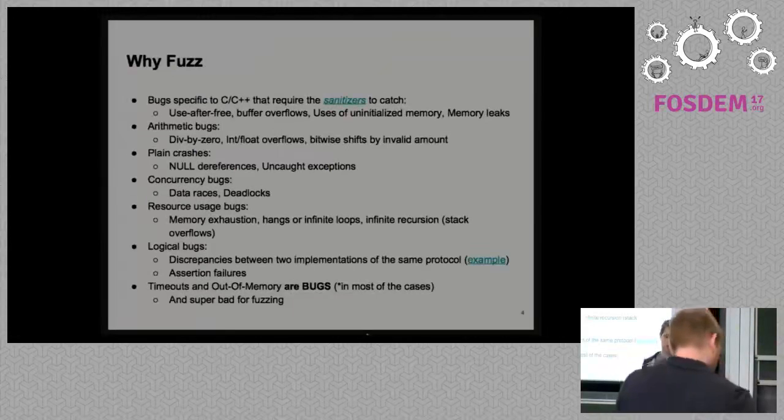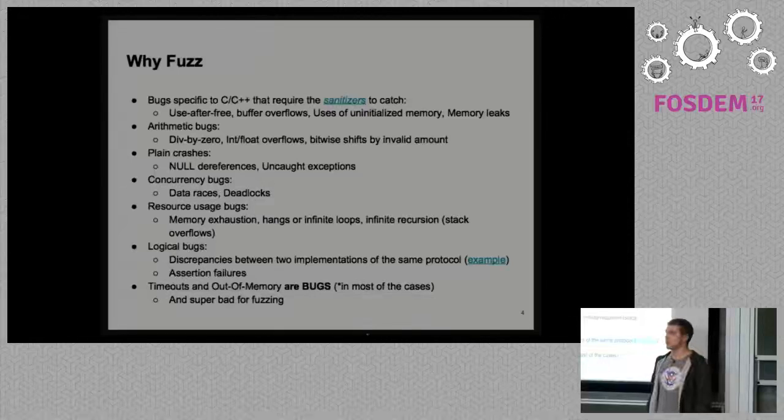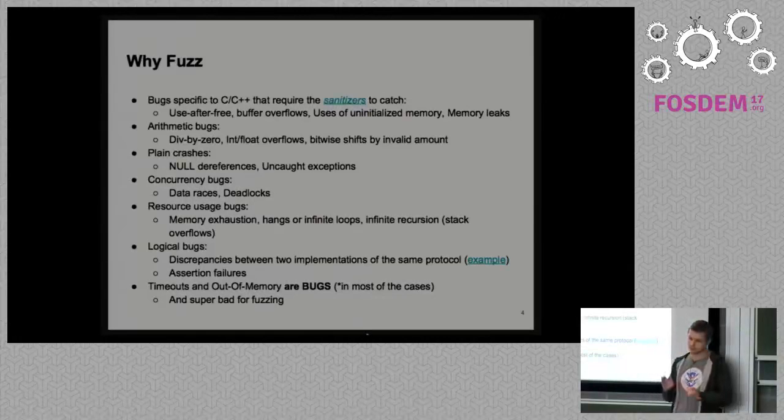Why is fuzzing good and why do people use it? Together with memory tools, also called sanitizers, address sanitizer, memory sanitizer, undefined behavior sanitizer, and so on, it helps to find a lot of bugs, almost every type of memory corruption bugs, any other crashes like null derefs, uncaught exceptions, data races, any stuff you may have in C or C++ written projects.